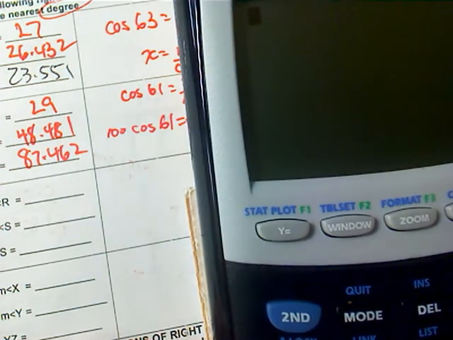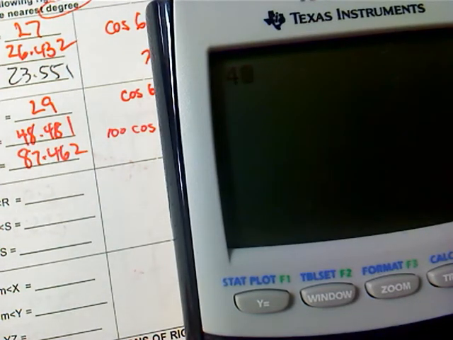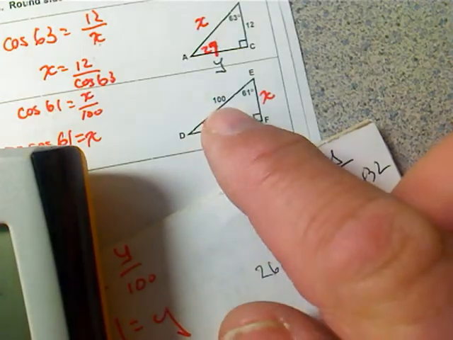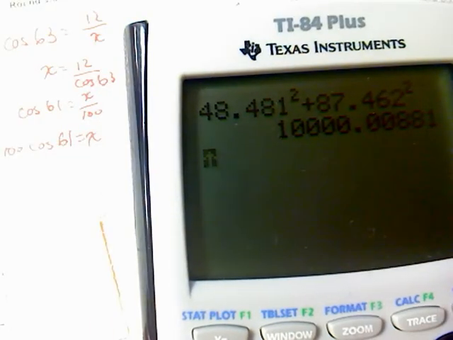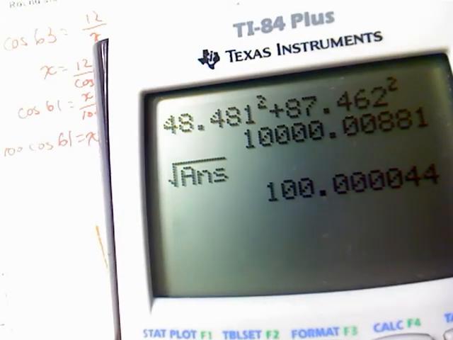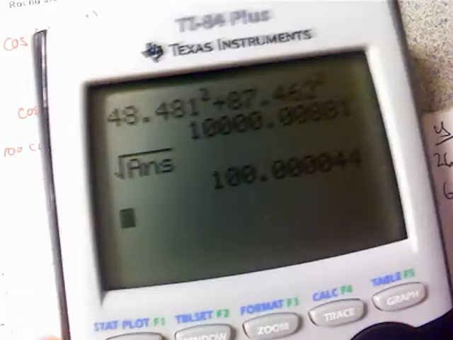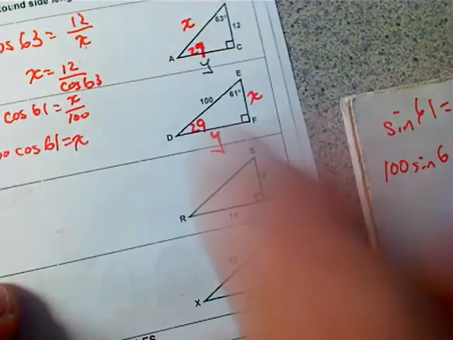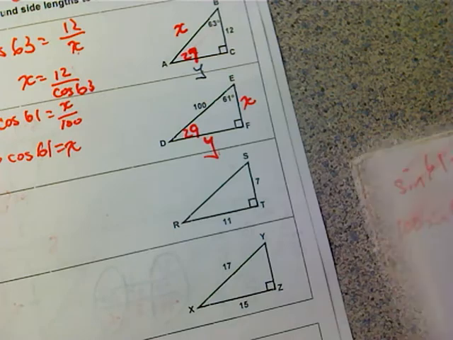So what should happen is if I take 48.481 and I square it, and I add 87.462 and I square it, gives me that. That ought to equal this other side squared. Let's take the square root of that. Remember, we rounded to the nearest thousandth? That's why over here it's out of whack. Look at that. 100, 100. Just what it's supposed to be, because we did it right.